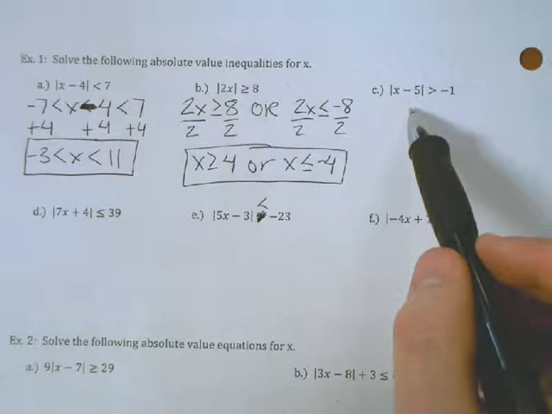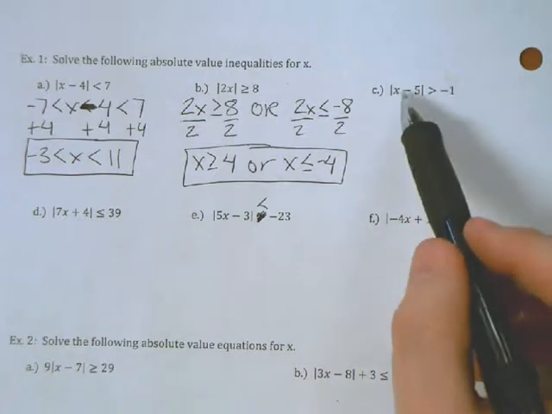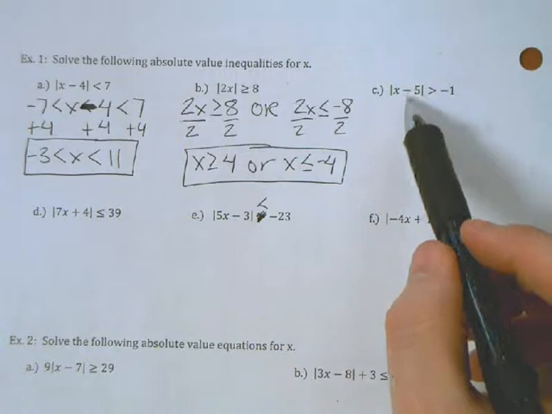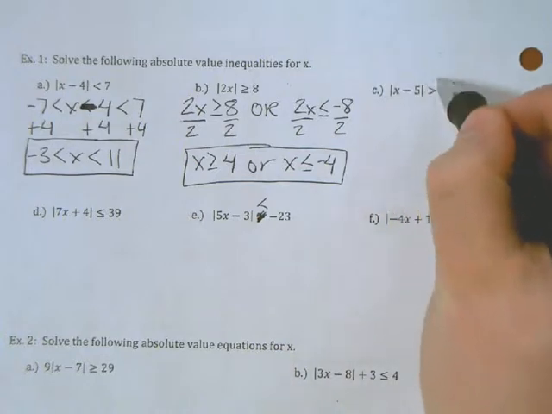Can I get 0? I could. So I'm going to get a non-negative number. I'm never going to get a negative number on this left side. So I'm going to have a non-negative number is greater than a negative number.